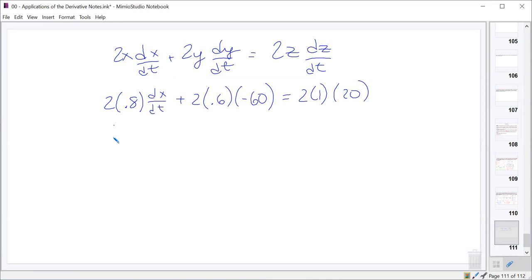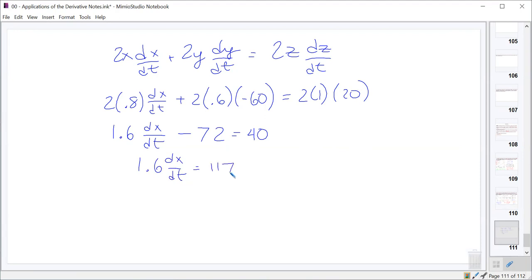So we end up with 1.6 dx/dt minus, then 2 times 0.6 is 1.2, and 1.2 times negative 60 ought to just give you negative 72. So we have negative 72 there, equals 40, or 1.6 dx/dt equals 112.